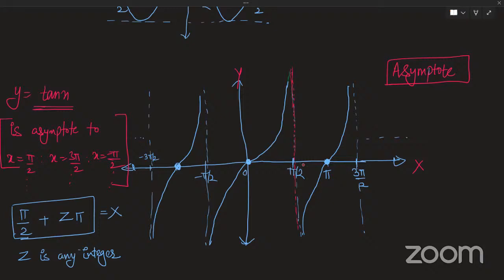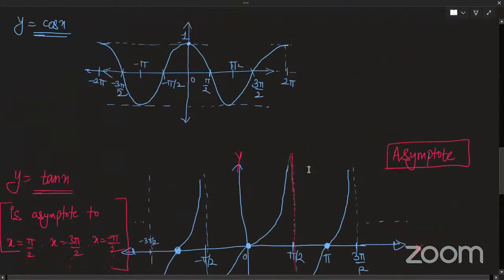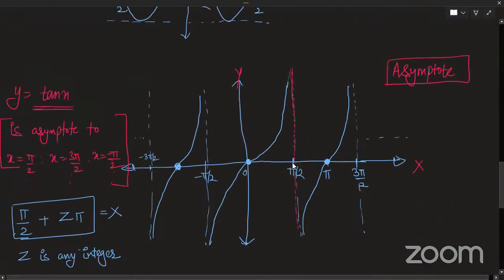But what happens is when I take a value very close to pi by 2 on the left side, assume it as a limit to pi by 2 on the left hand side, my value grows very, very high, like it grows to infinity. And at x is equal to pi by 2, it is not defined.